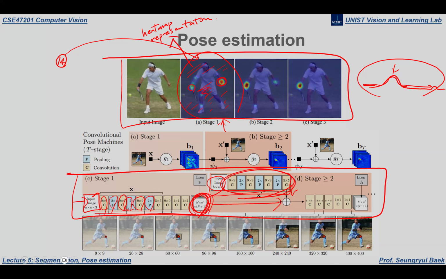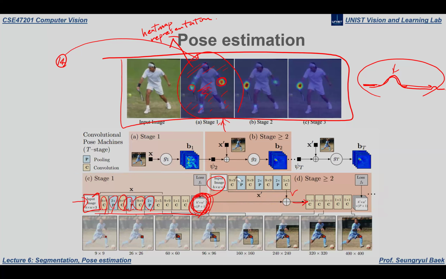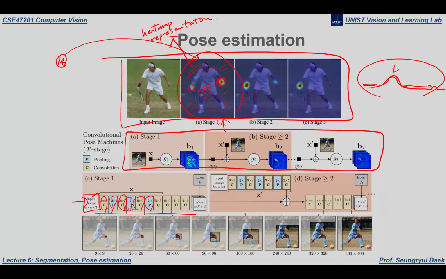This means the concatenation, and then they apply another convolutional layers to estimate the second heat maps, and then do similar things iteratively. I think this is a more intuitive way to show it. Here you can more intuitively see the pipeline.